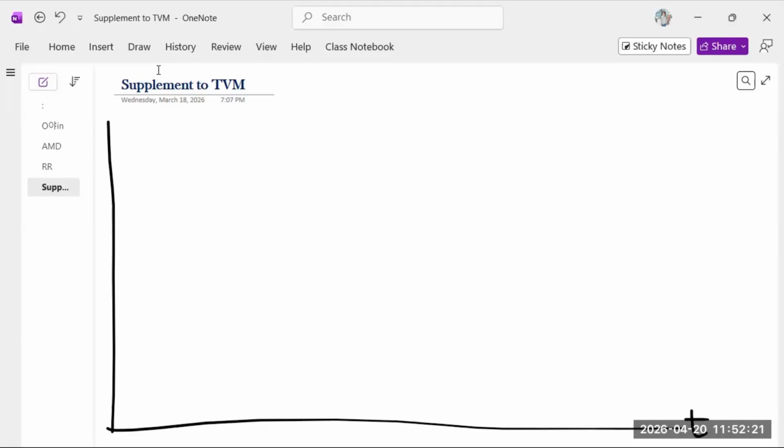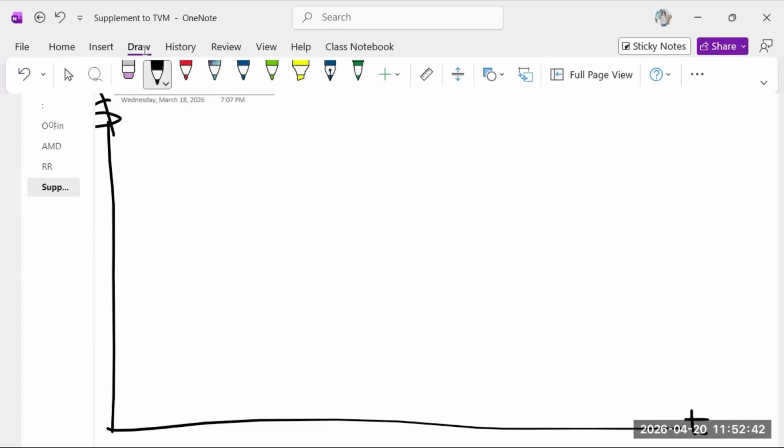So this horizontal axis would be time, the vertical axis would be dollar value because it's revenue, and the growth can take three forms. This was also discussed in the original time value of money video.